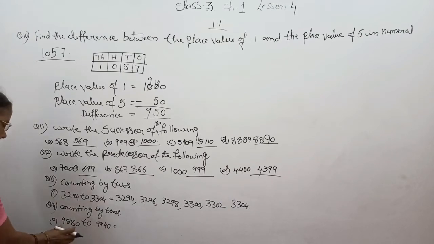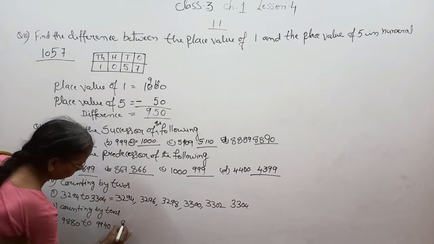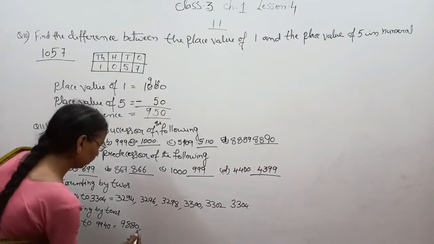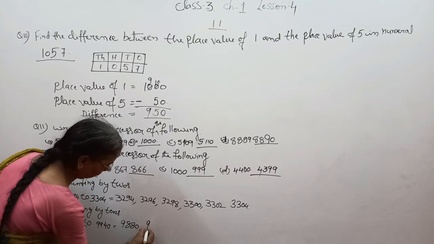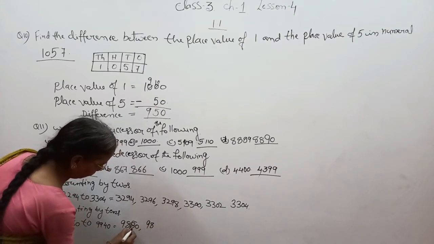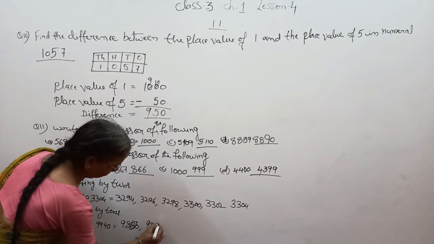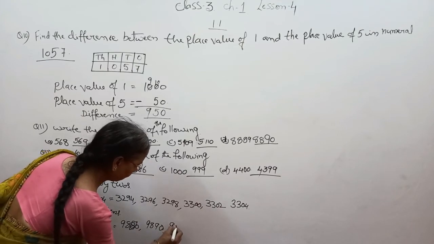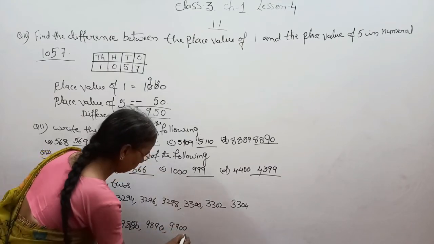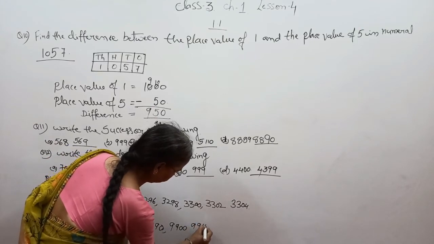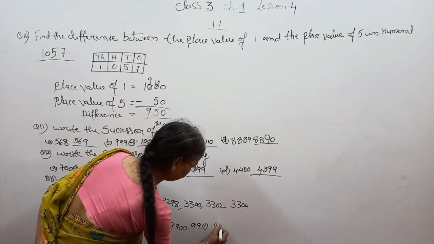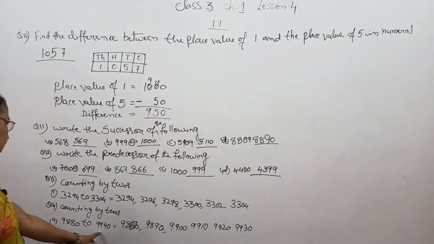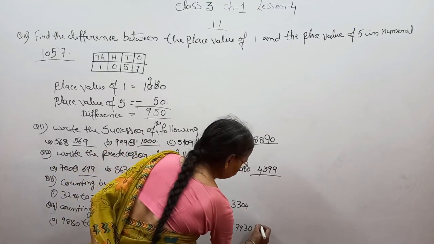यहाँ पे हमें स्टार्ट करना है इस नंबर से, that is 9,880. अब गैप देना है 10 का, तो सिंपली वी हैव टू राइट 9,890. टेंस का जो प्लेस है इसे हमें चेंज करना है, तो 9,890, then 9,900, then 9,910, then 9,920, then 9,930, lastly 9,940.